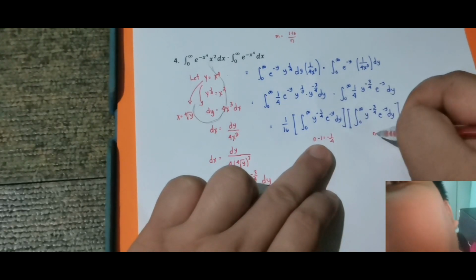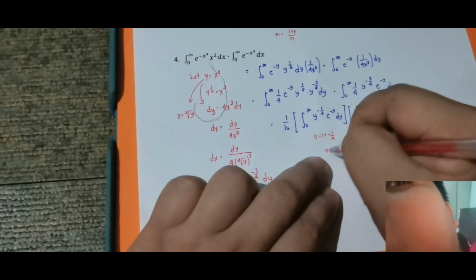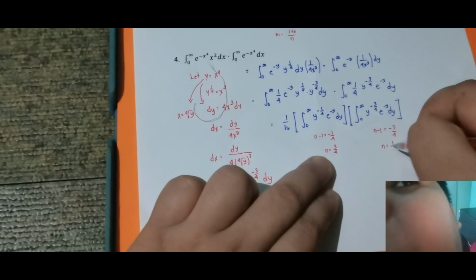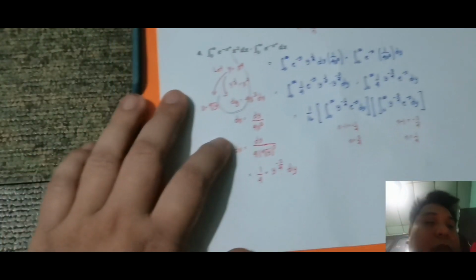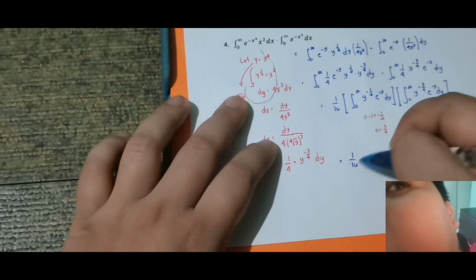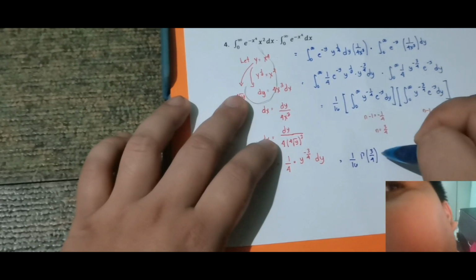Dito naman is n minus 1 is equal sa negative 3/4. So we have n is equal to 3/4 sa part na to. Dito naman n is equal to 1/4. Okay, so therefore, ano magiging sagot? Magiging sagot, this is just simply 1 over 16, then gamma of 3/4. Okay, then gamma of 1/4.